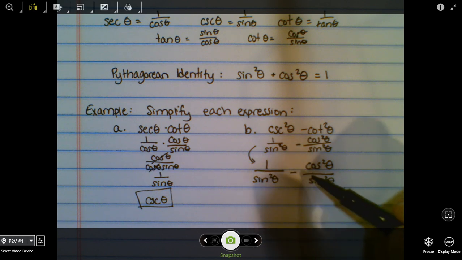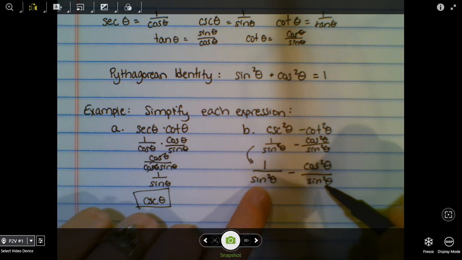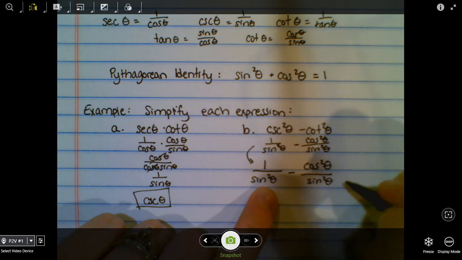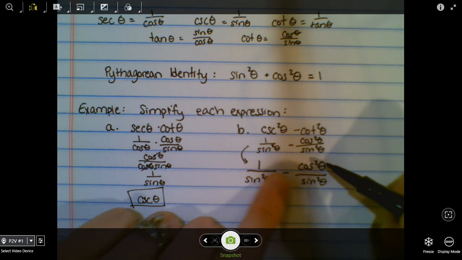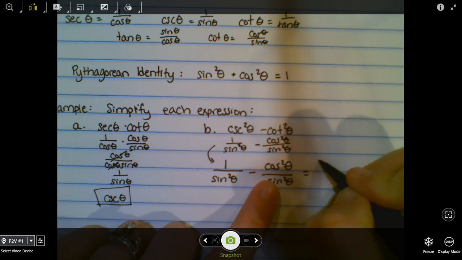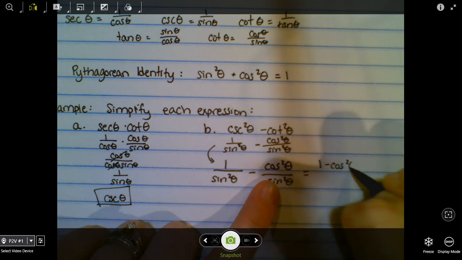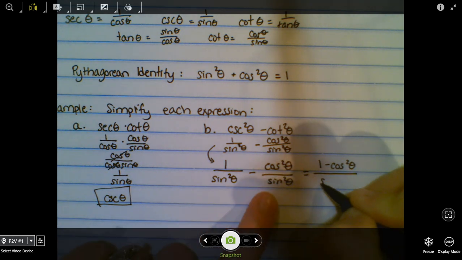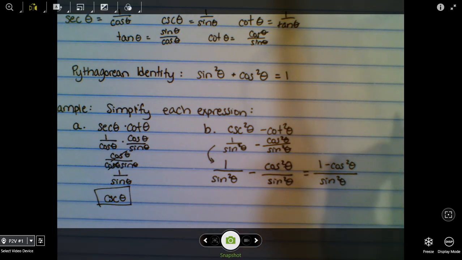To subtract fractions, we need a common denominator. Fortunately, we already have that. So we can just subtract the top. We get 1 minus cosine squared theta over, keep the denominator the way it is, sine squared theta.